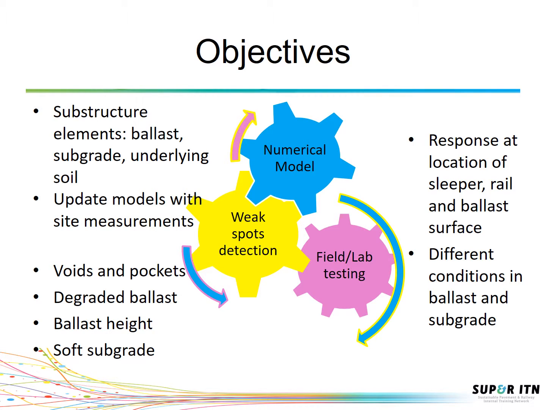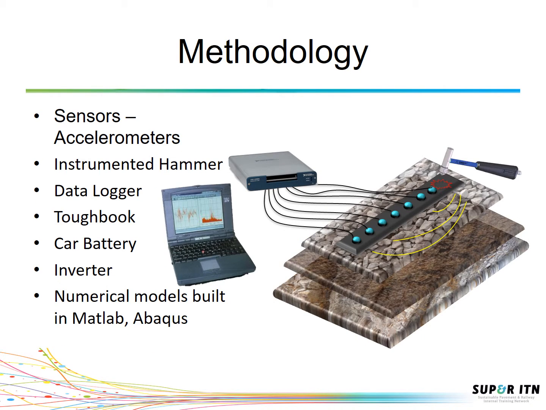The main objective of the project is detection of the weak spots along and across the railway track. How will we do it? With combination of numerical modeling and field lab work on railway track or on its elements, we will detect the weak spots in the base of the railway track. In this regard, it is of great importance to have constant monitoring of the railway foundation, ballast, subgrade, and underlying layers.